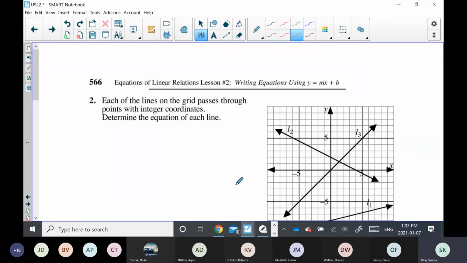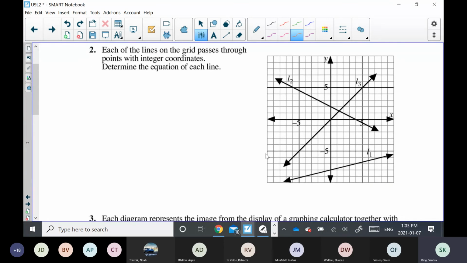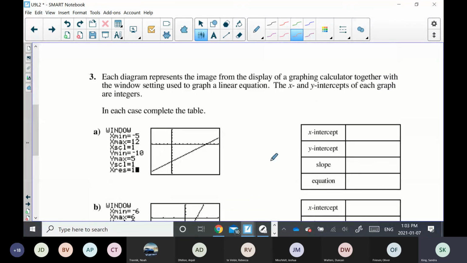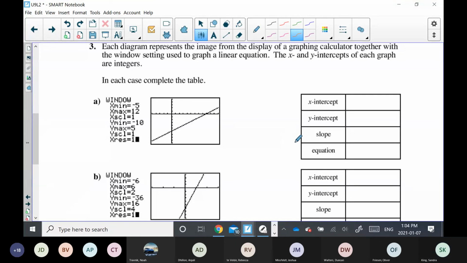Number 2 is going to be straightforward. We already did number 2. Number 3. So number 3 is where you're going to have to do the scales, right? So just to show you, these scales, you guys, so I'm not going to do A with you because it has a scale of 1.